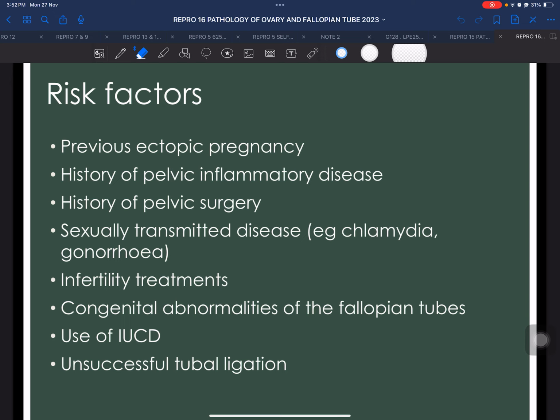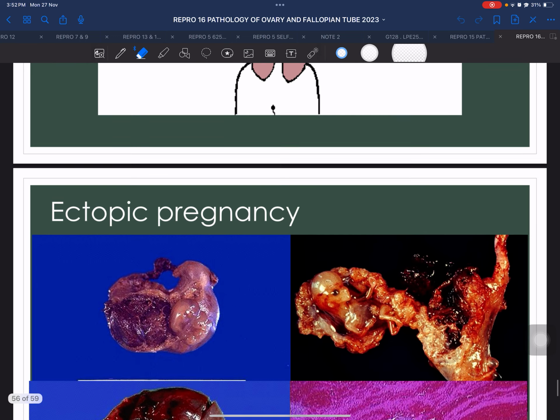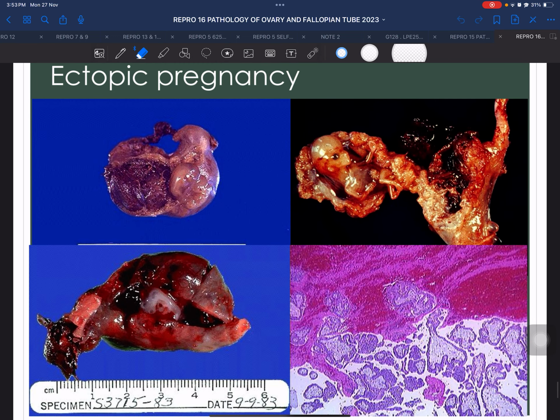Here it has already become ruptured, and you can see the fetus inside the lumen of the fallopian tube. Here it becomes distended, and you can see the fetus in the distended fallopian tube. This is called the chorionic villi, which is the component of the product of conception. This is what you see on histology.